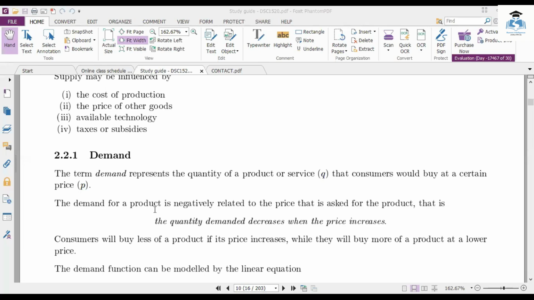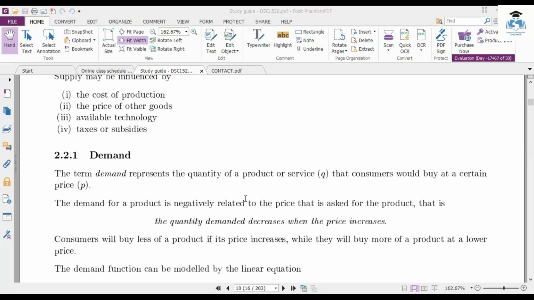So the demand for a product is negatively related to the price that is asked for the product. That is, the quantity demanded decreases when the price increases. Okay, so you want to buy your tomatoes and somebody is saying 20 rand, 10 tomatoes. Probably most people will just go and buy them.